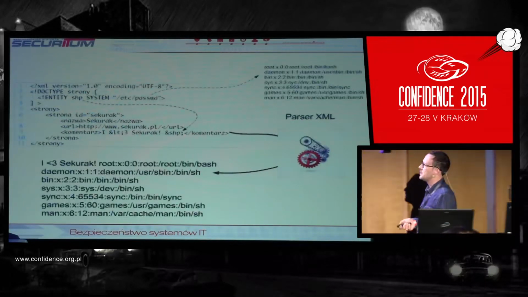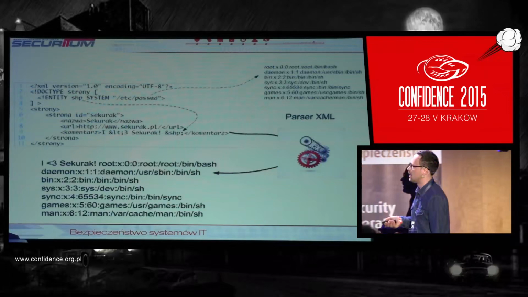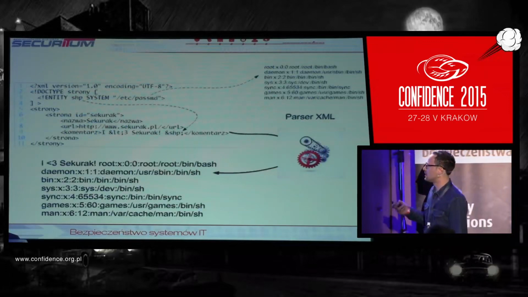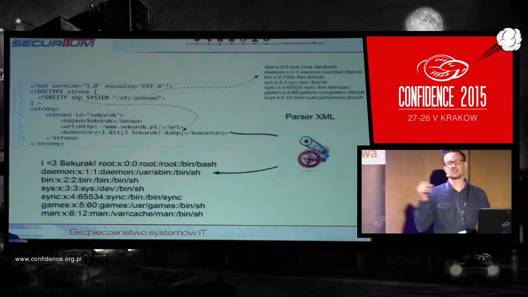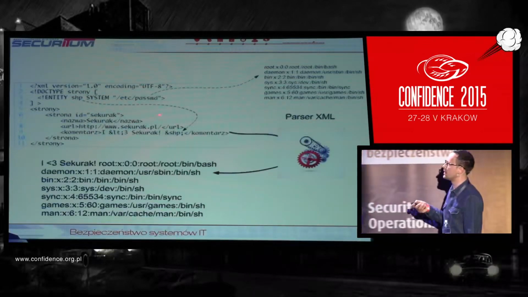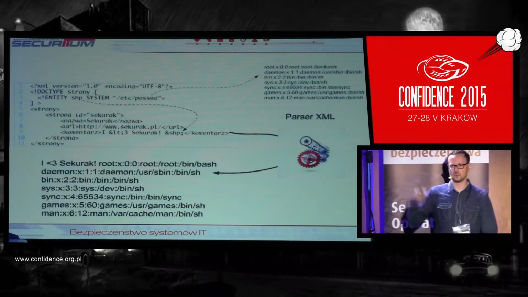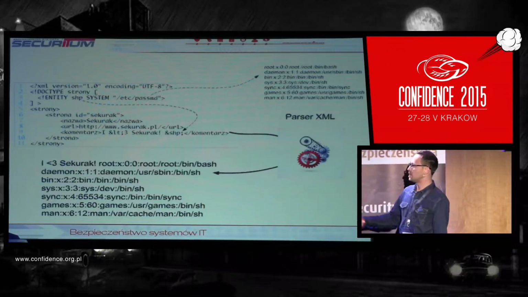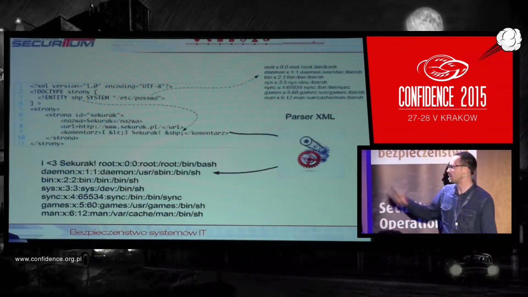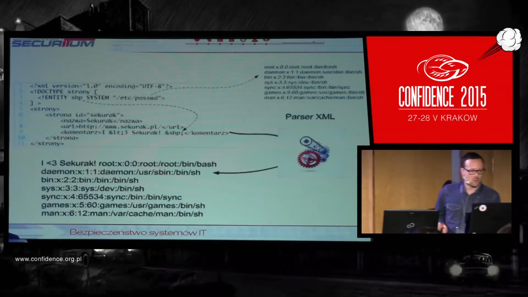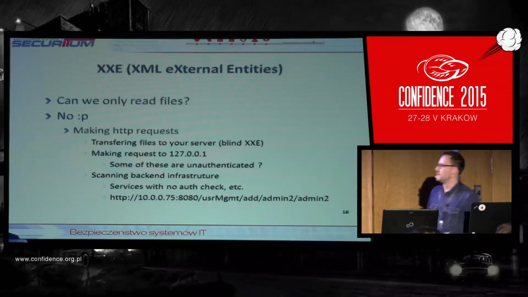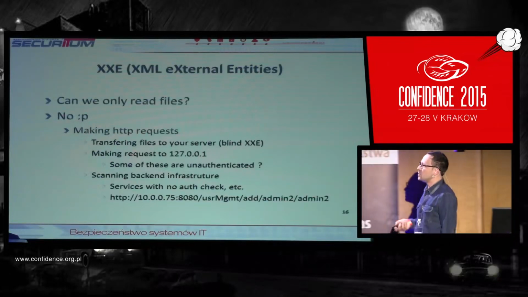The problem can be here. The reason for this problem is that we can define so-called external entities. External entities can fetch a file from the server and present it to us after the XML is parsed. This is one problem. We can also make HTTP requests.